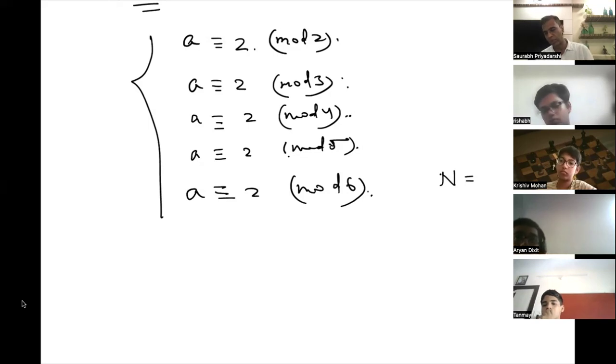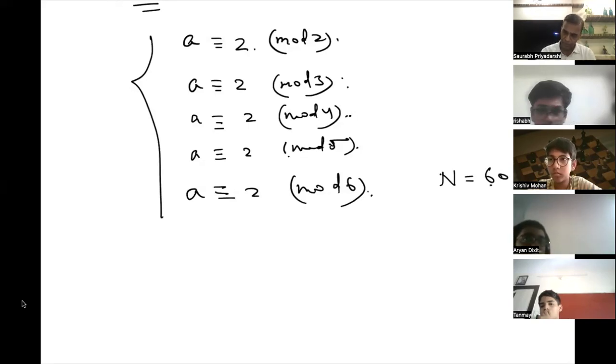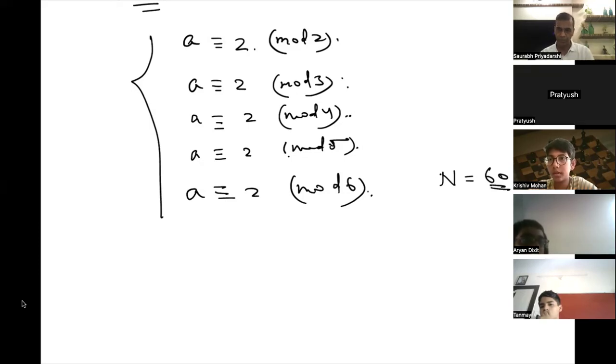What is the multiplication of all the numbers in this case? The greatest number will be 60. So LCM is 60. So I'm taking this number n as 60.